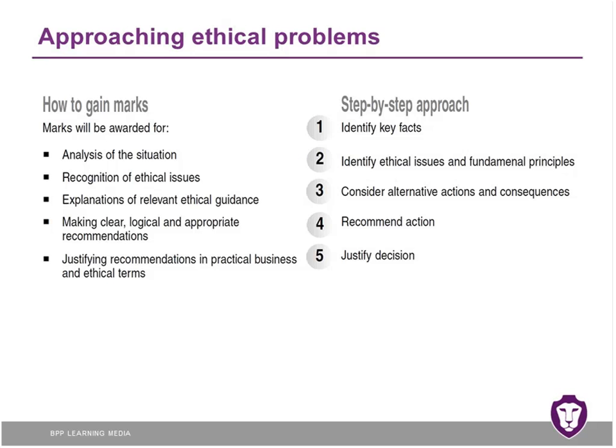And when you get to that point, you really do have to recommend something. I think you should do this or that. And the last part is, I think you should do this or that because. So they're telling you how to go through a step-by-step approach to one of these ethical issues.